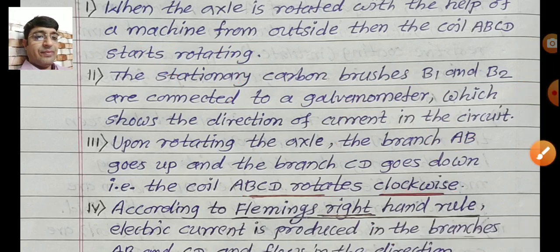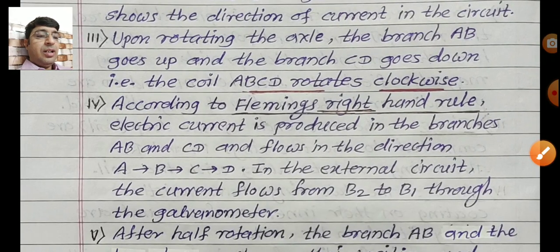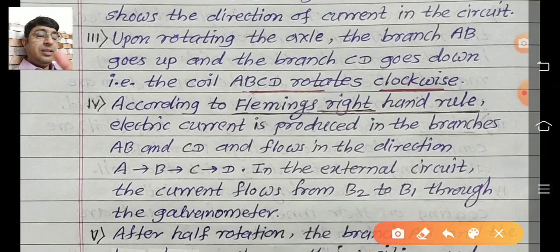That is the difference between the electric motor and the AC generator. Remember this. Fourth point: in the electric motor, we use Fleming's left hand rule, but in the case of the AC generator, according to which rule? Fleming's right hand rule.